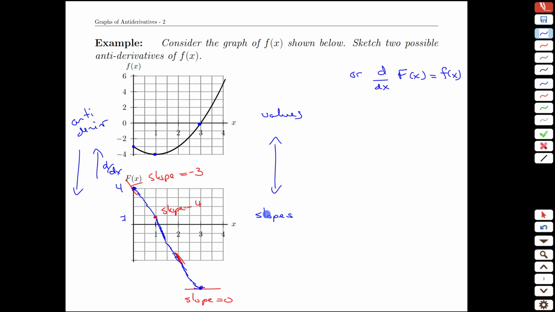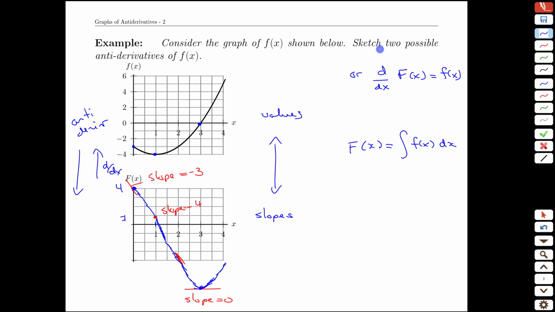That means we're translating into positive slopes on the graph we're trying to sketch. And that gives us a rough shape of the graph that we're talking about when we talk about the antiderivative, where we say our new capital F of x is an antiderivative or an integral of our little f of x.